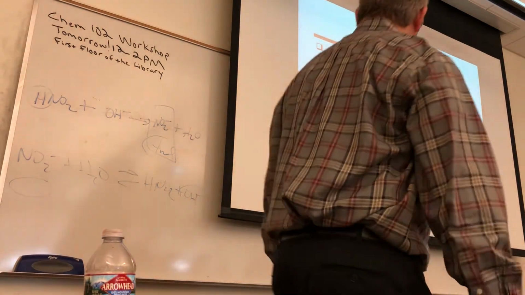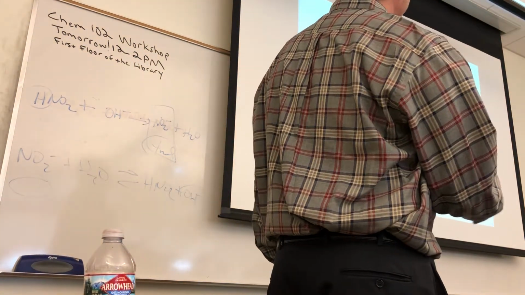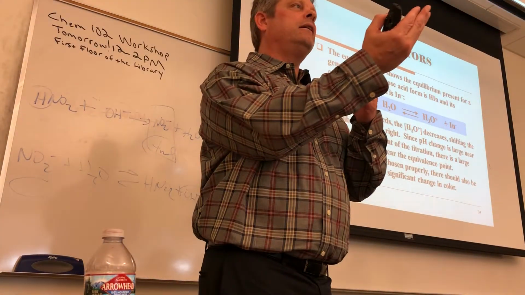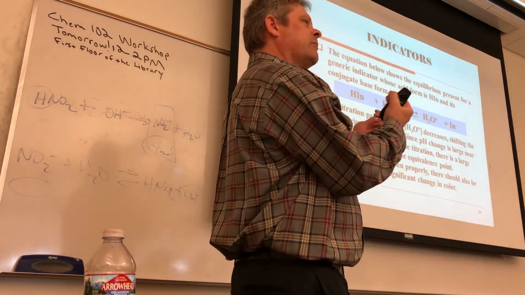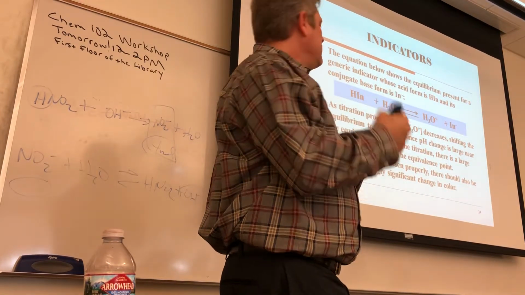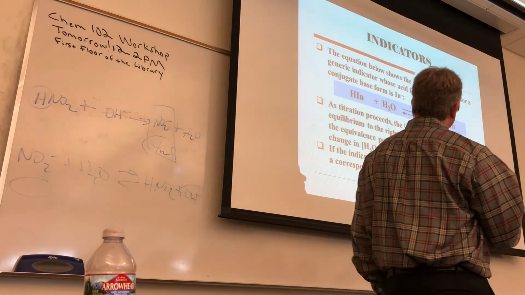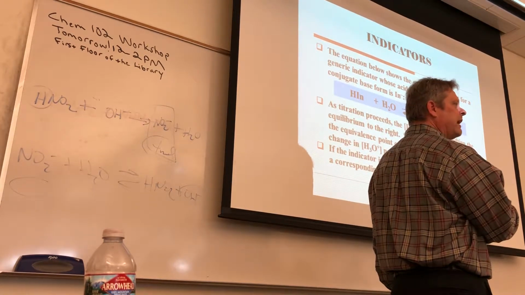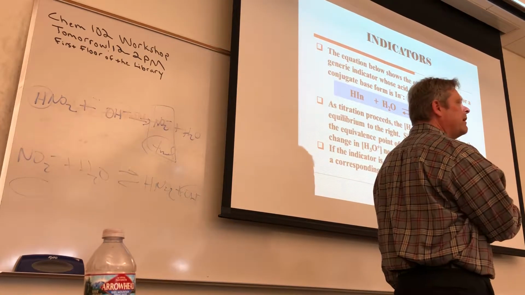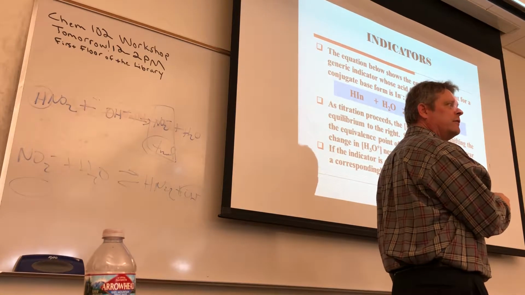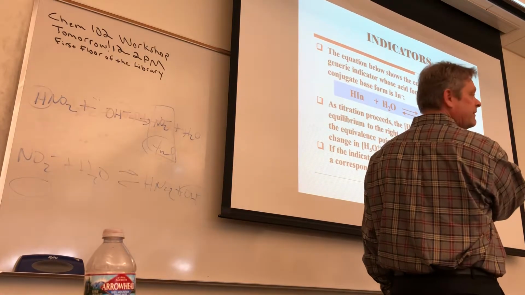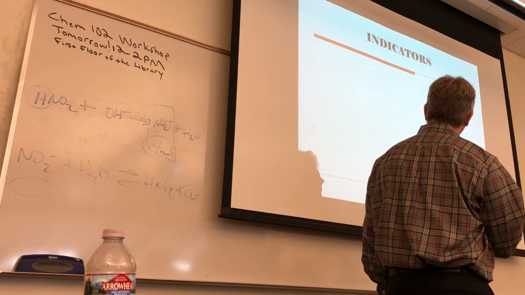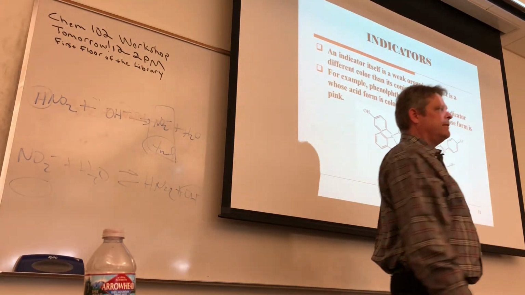Now in a solution where I have, let's say, a weak acid and a strong base, or just a weak acid, this side is gonna increase. How's that gonna shift the equilibrium of the indicator itself? It's gonna shift it this way.